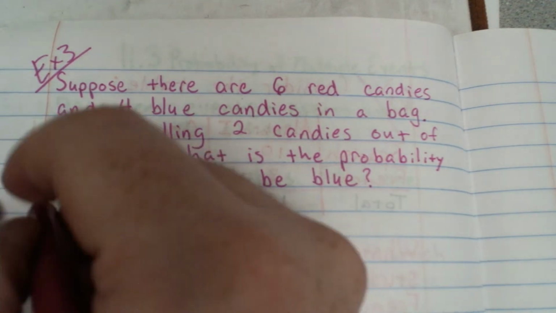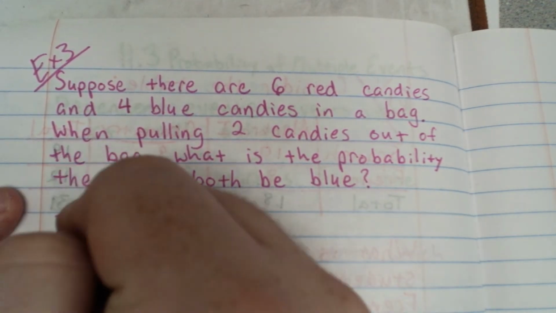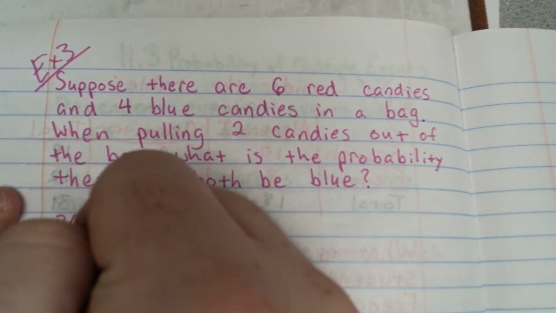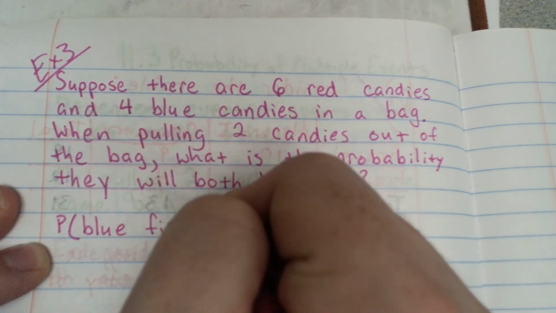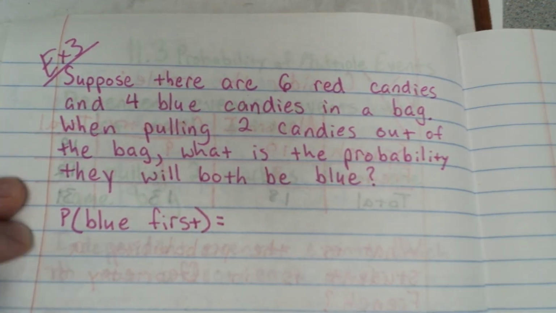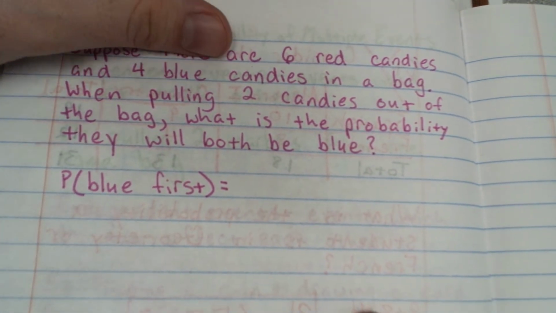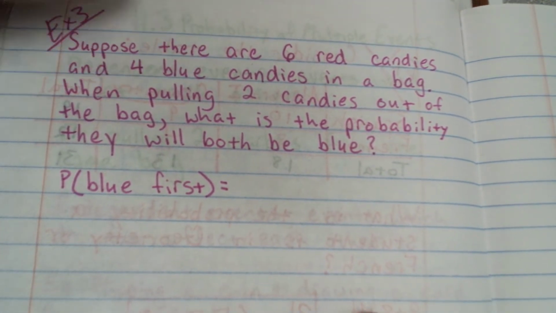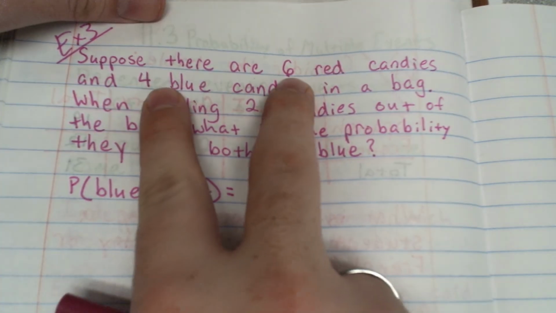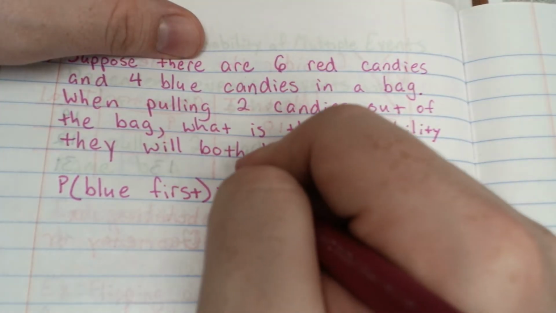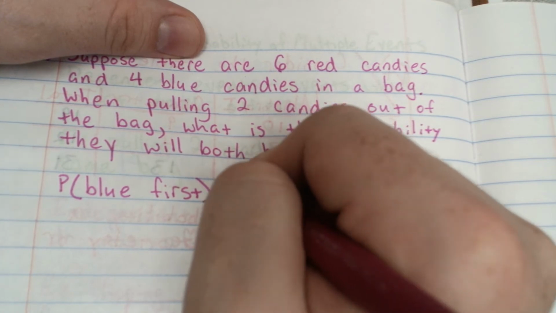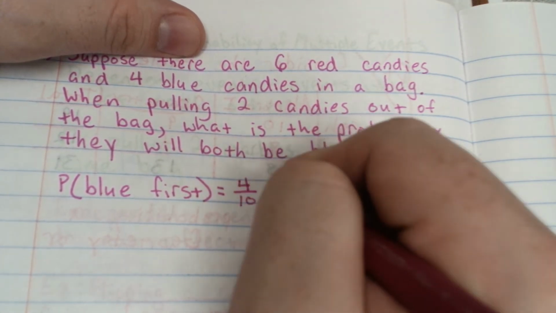So first, let's look at what's the probability that we pull a blue one out first. That is going to be, we've got 4 blue candies, and then there are 6 red, so there's a total of 10 here. So our first one is 4 out of 10, or 2/5.